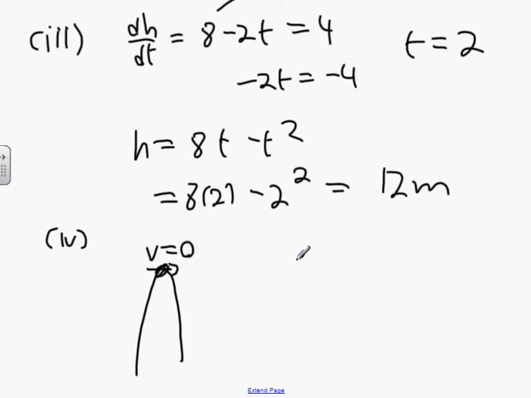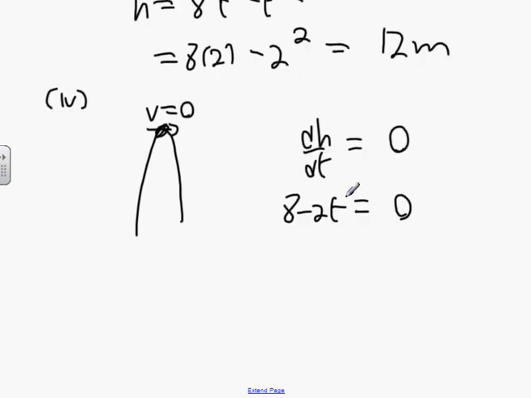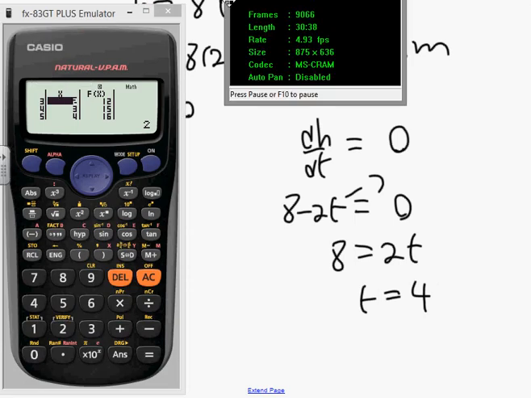Your speed equals 0. That means your first derivative, 8 minus 2t, equals 0. 2t equals 8, t equals 4. We already knew that, didn't we? That t equals 4 was the maximum height.